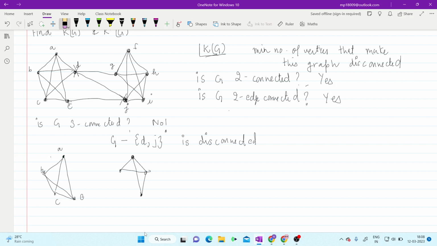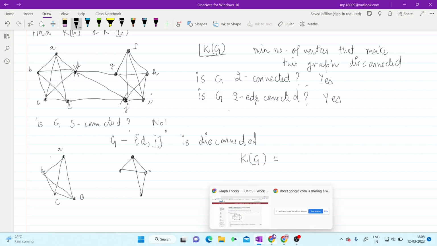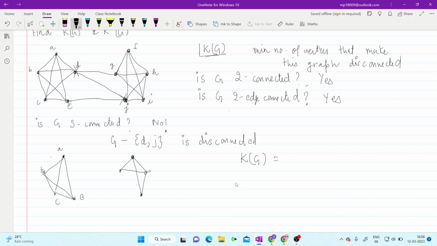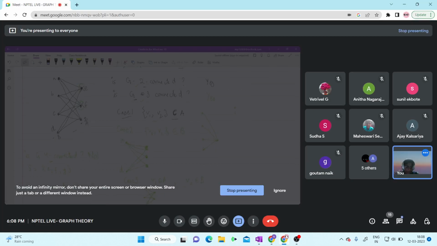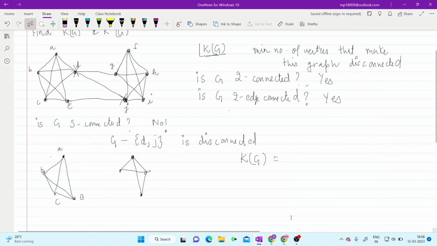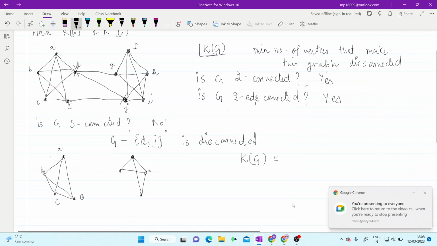So now what is the connectivity of G? If G is 2 connected but G is not 3 connected, what is the connectivity of G? Isn't connectivity 2 then?